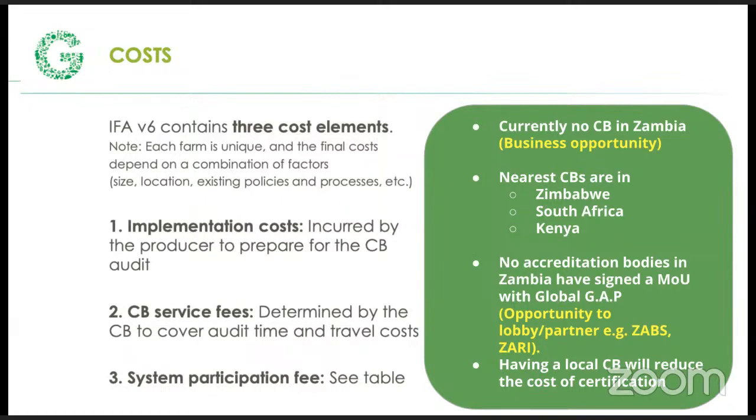On the right side of my slide, you see I call out this, that currently, and I've been informed that I think last year there might have been a Zambian player in the system that was registered as a certification body in the Global GAP system. But when I looked up, as of now, this year, there's nothing from Zambia.